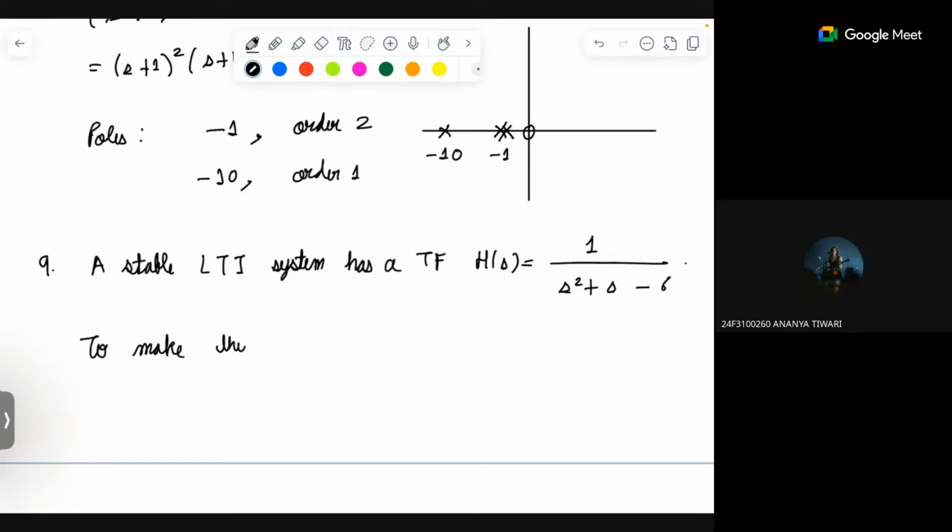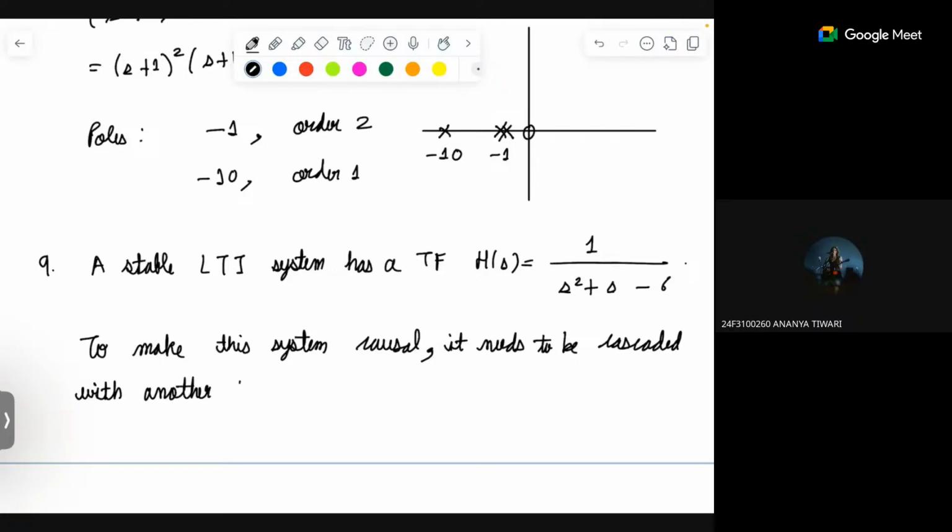To make this system causal, it needs to be cascaded with another LTI system having a transfer function H1 of s.